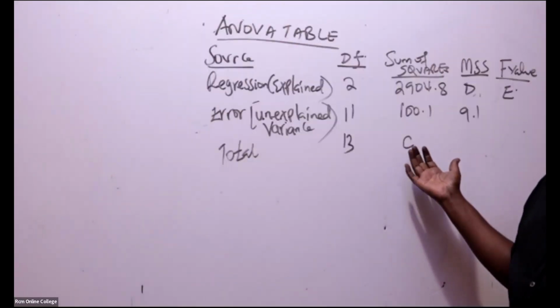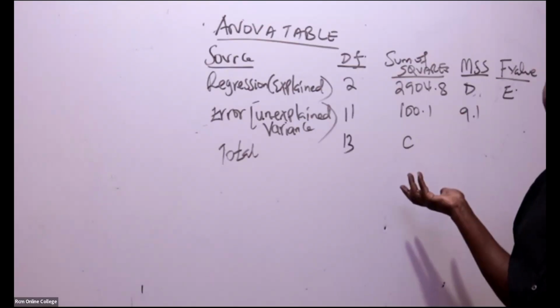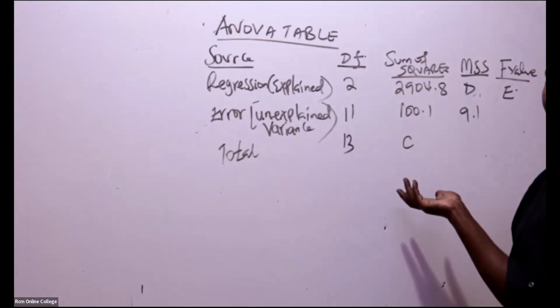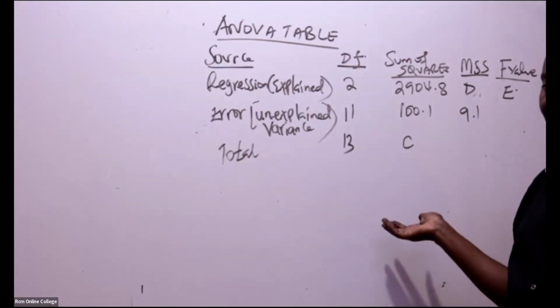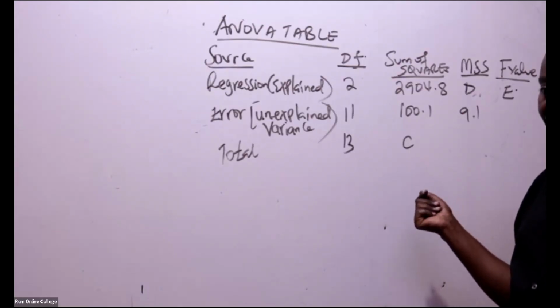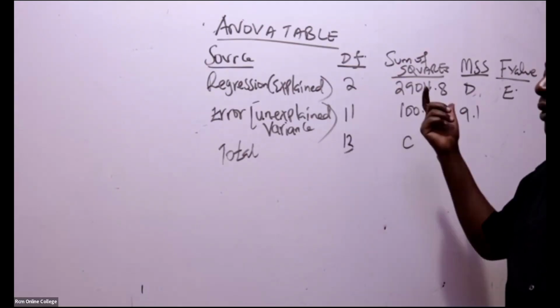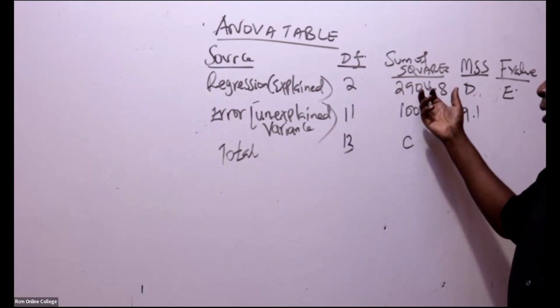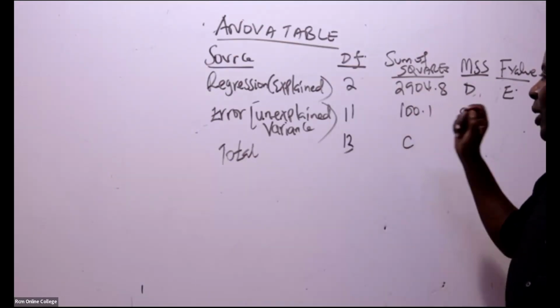Can somebody tell me, what shall we do to get C? Yeah, we add. You can see 2 plus 11 gives 13, so even here we shall add: 2904.8 plus 100.1.